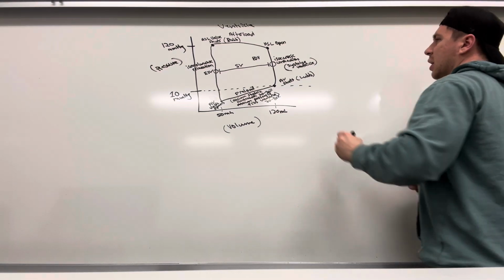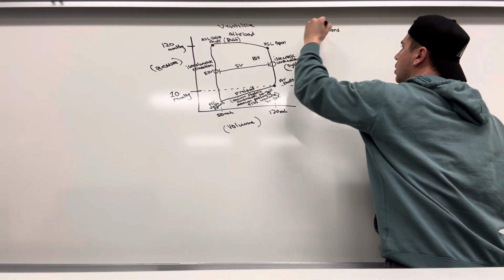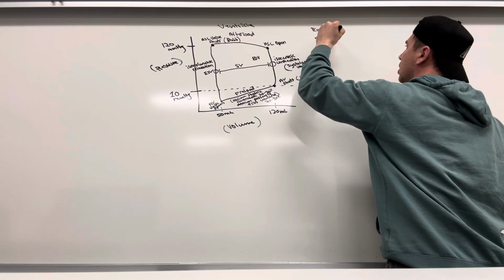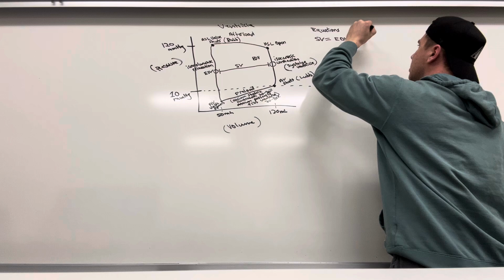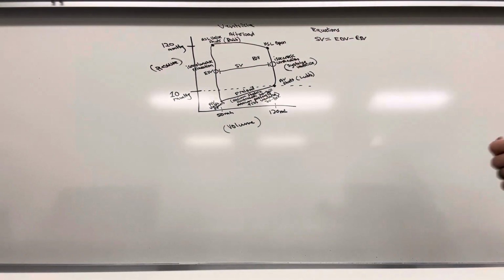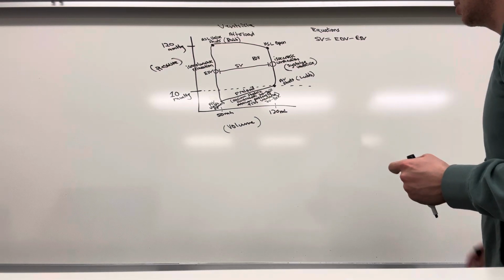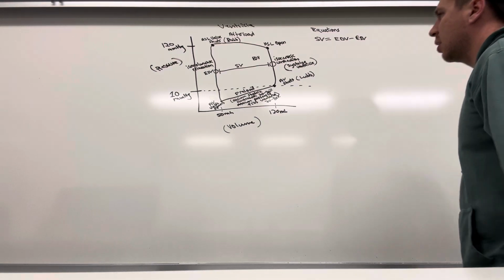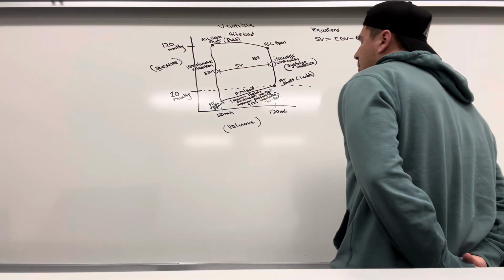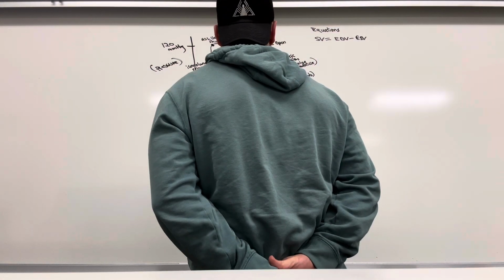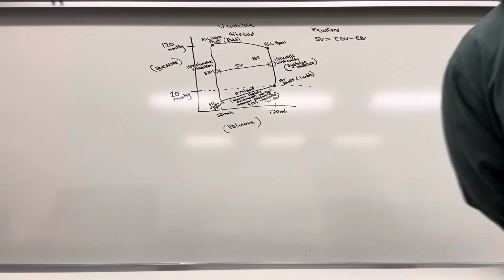And if we make a couple equations over here, we know that stroke volume equals EDV minus ESV. Okay, and that's going to tell us that where the valve's shut and where the aortic semilunar valve shuts, stroke volume will tell us the amount of blood that's going to be leaving, right?